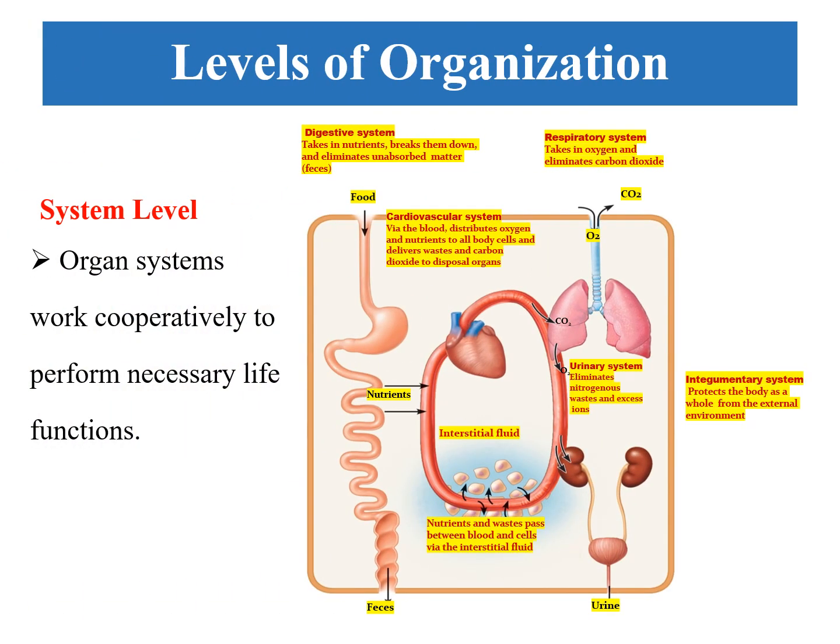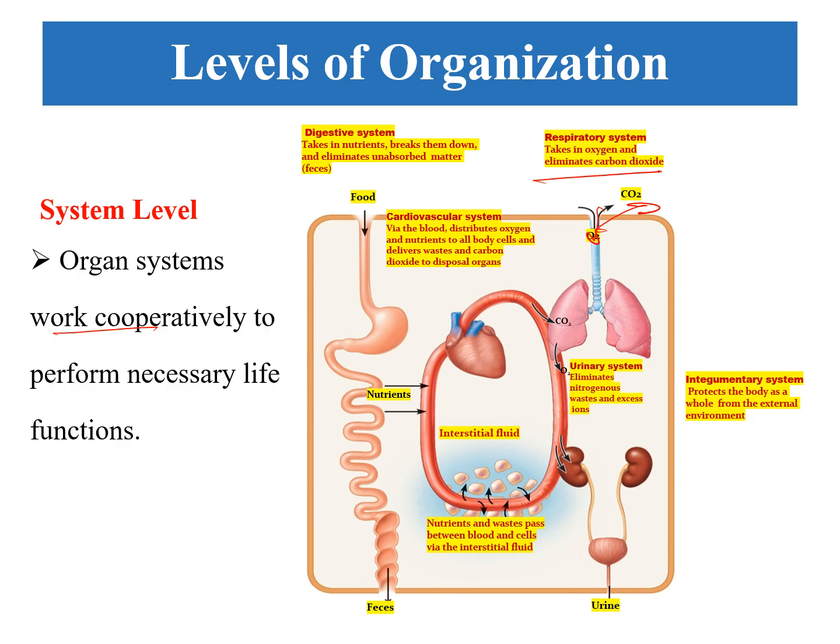The next level in line is the system level. So you can see how different systems work together to perform the functions that are necessary for survival, or the functions that are required to meet the physiological needs of the body. The respiratory system is there to perform the function of taking in oxygen and taking out carbon dioxide.